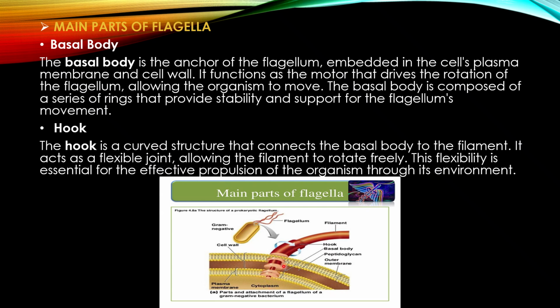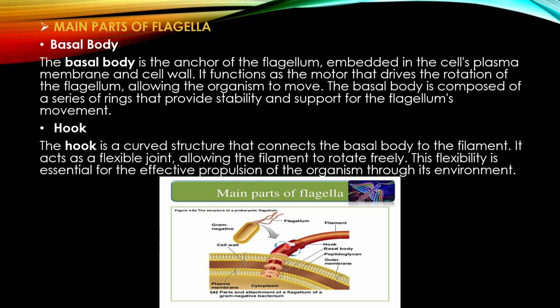So first is the basal body. The basal body is the anchor of the flagellum embedded in the cell's plasma membrane and cell wall. It functions as a motor that drives the rotation of the flagellum, allowing the organism to move. So it is the one which helps in anchorage, holding the flagella and giving support to the flagella.